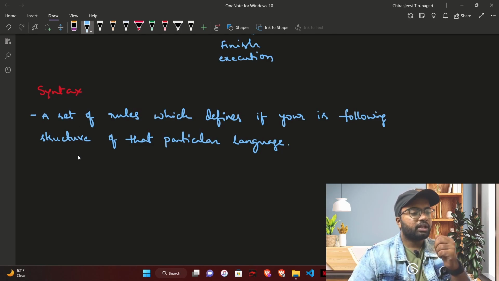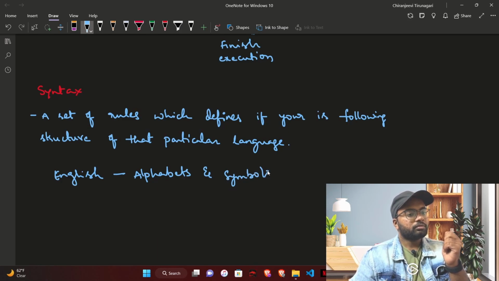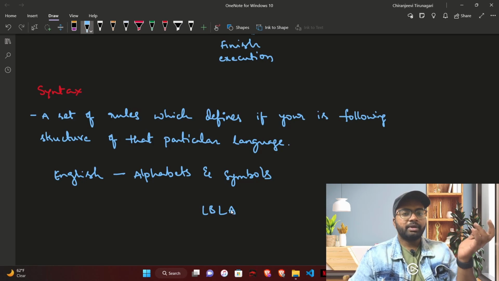So for example, let's take a normal language like English. In English we have alphabets and symbols. Even if we have alphabets and symbols, let's say if I write something like LBLA, it doesn't make any sense. If I keep a question mark here, it doesn't make any sense.